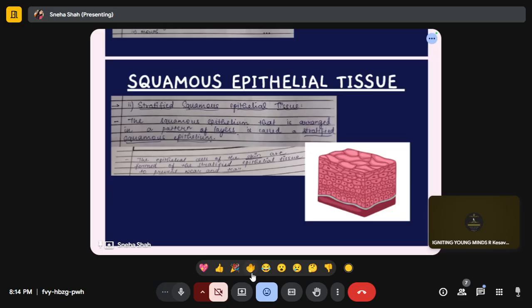If that does not happen, then it will come out and then blood will come out. So lymph is basically blood but without the red blood cells. It contains all the minerals and nutrients that are present in blood.